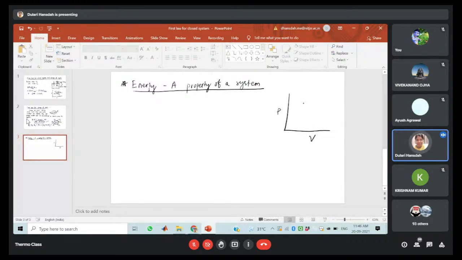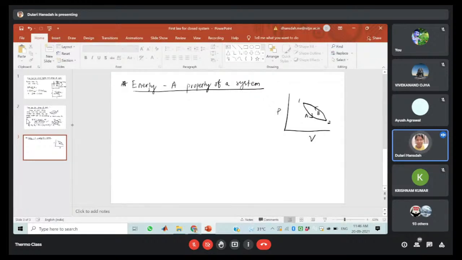There is the change of state of the system from state 1 to state 2 by following the path A. Okay. So again it is returning back from state 2 to state 1 by following the path B. So in this case, the system is undergoing the change of cycle.